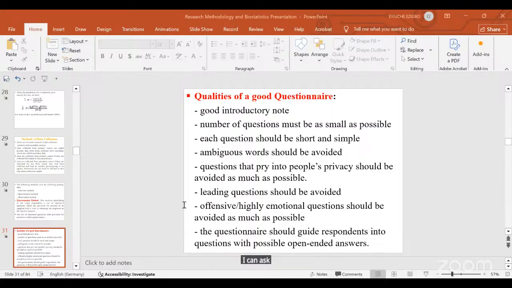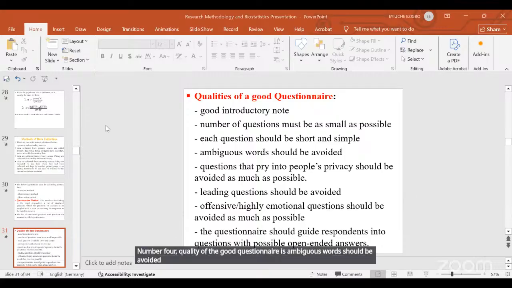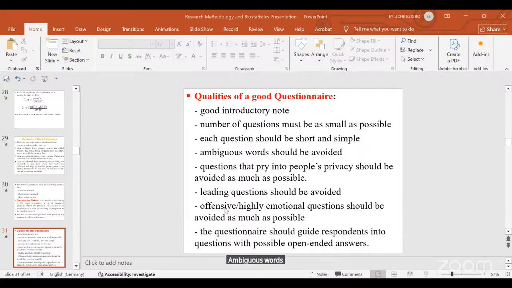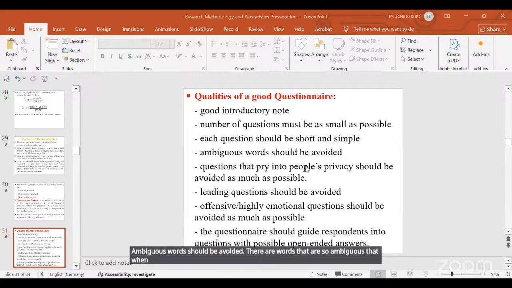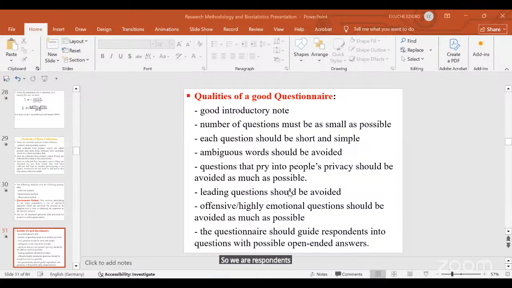Number four, a quality of a good questionnaire is that ambiguous words should be avoided. There are words that are so ambiguous that when you present them to your respondents, they will make meanings out of those words independently.